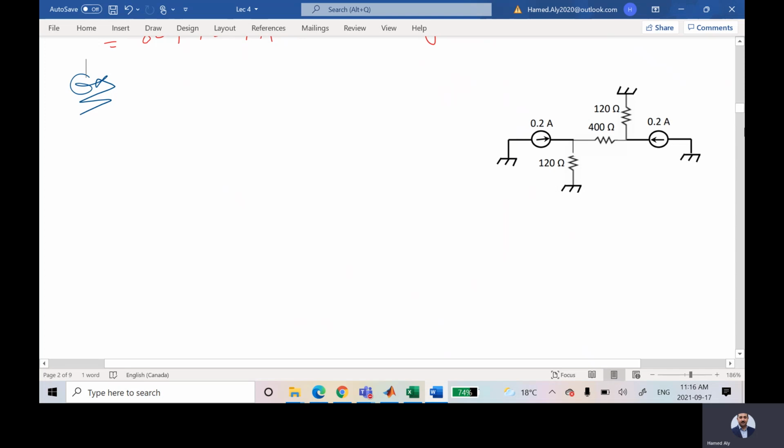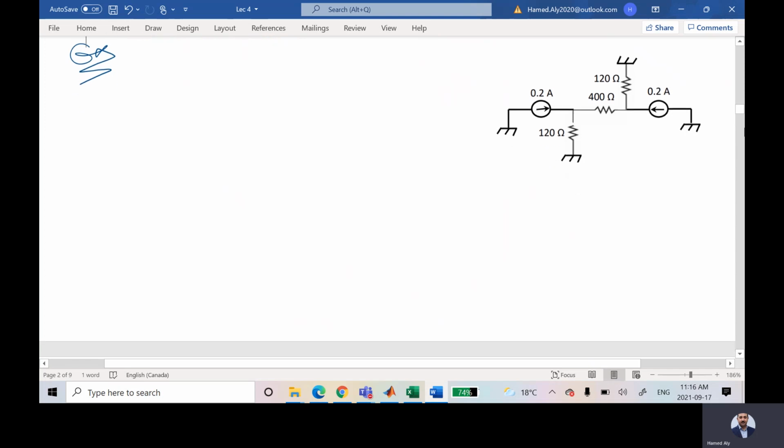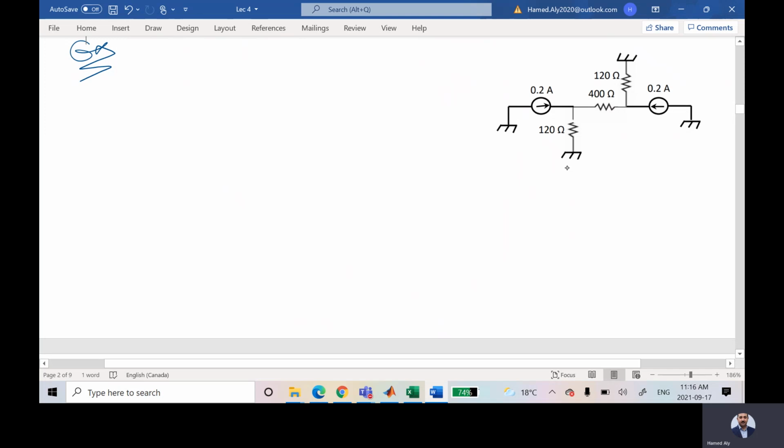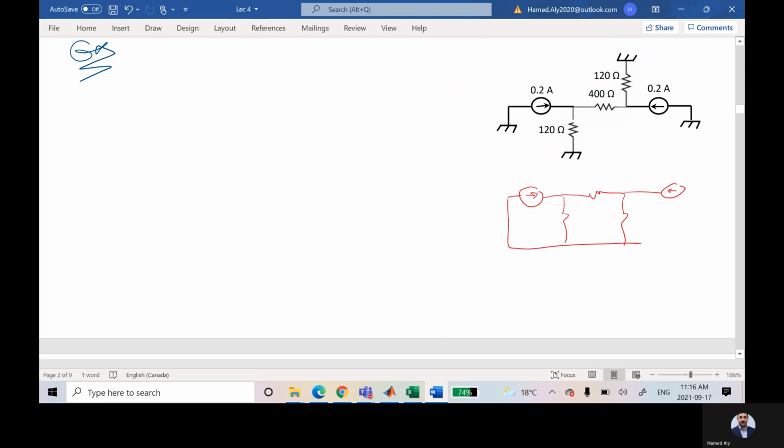So all of these are considered as one node. So I can draw this circuit like that. This guy is 400. This guy is 120, and this is 120, and this is 0.2, and this is 0.2.